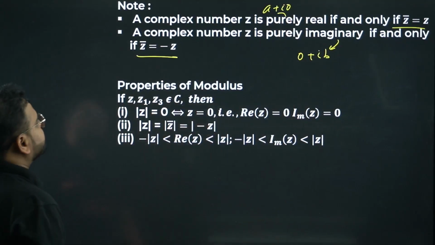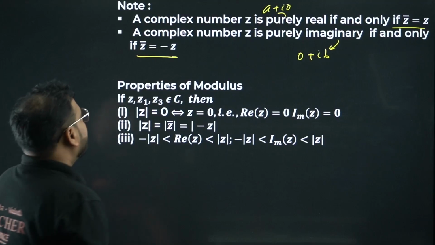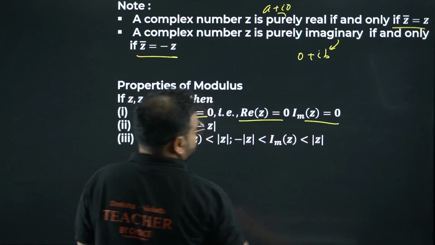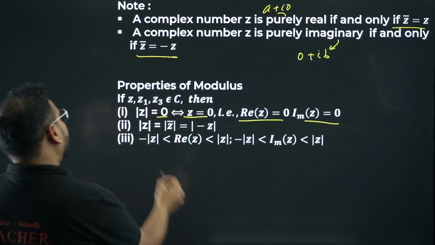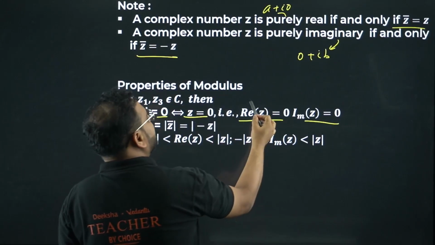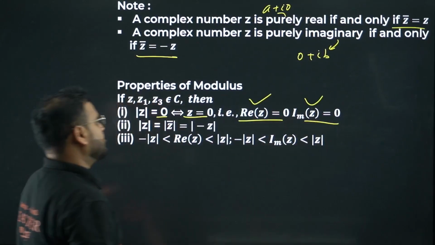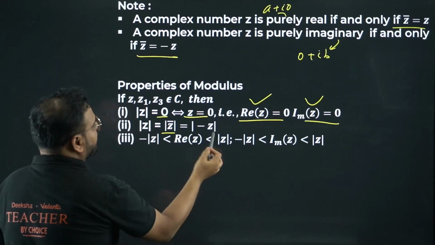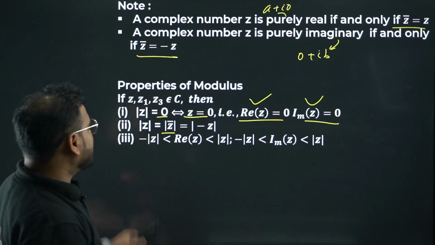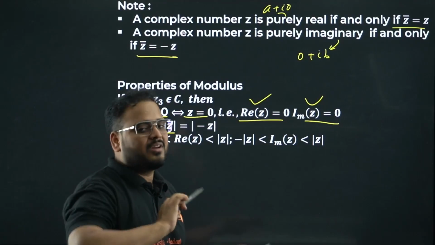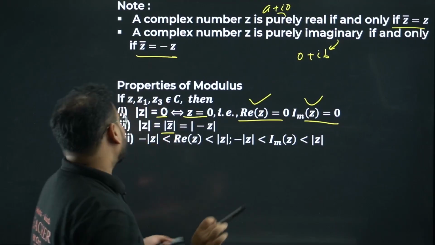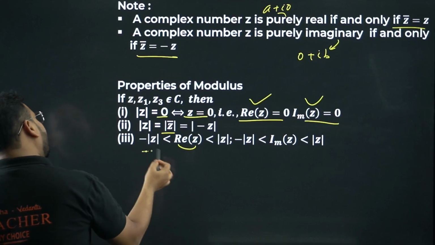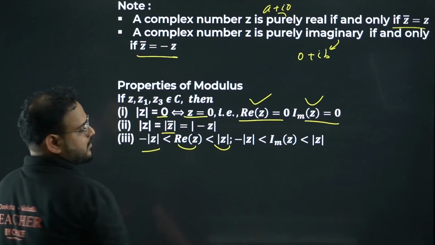Okay, please check. Properties we have: mod z is 0 means z is 0, that is, real part is 0 and imaginary part is 0. Both have to be 0 at the same time. Mod z is same as mod of conjugate z or mod of negative z, because you're talking about square terms in the root, and the sign does not matter in that case. And this real value will always be between the negative of the modulus and the positive of the modulus.